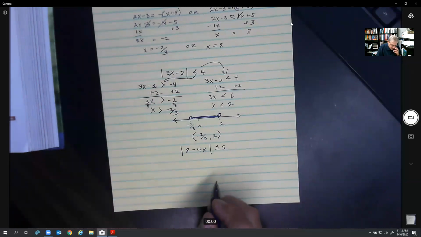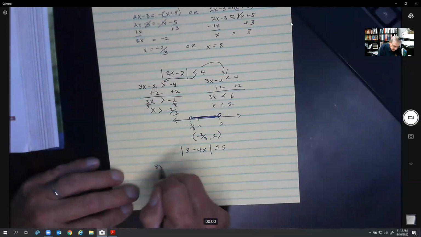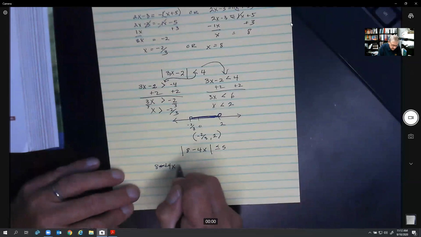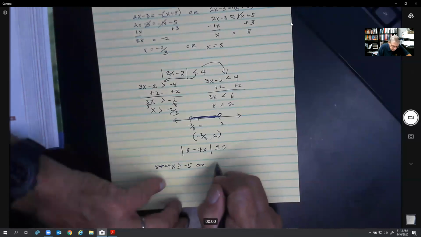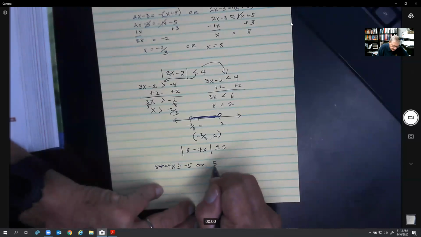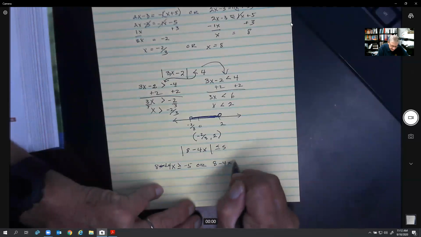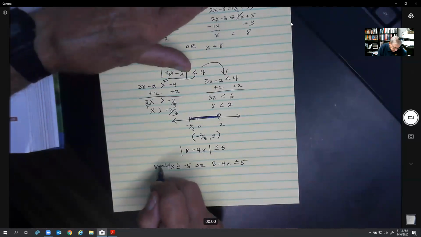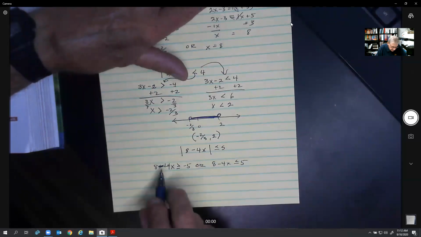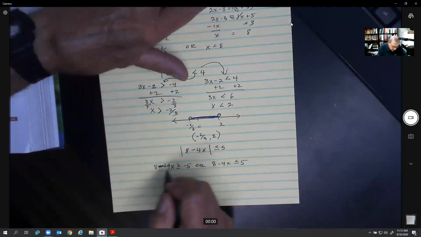So I'm going to say 8 minus 4x is greater than or equal to negative 5, or 8 minus 4x is less than or equal to 5. Okay, and then let's stop it like that. This was an 8, it's a little sloppy there.